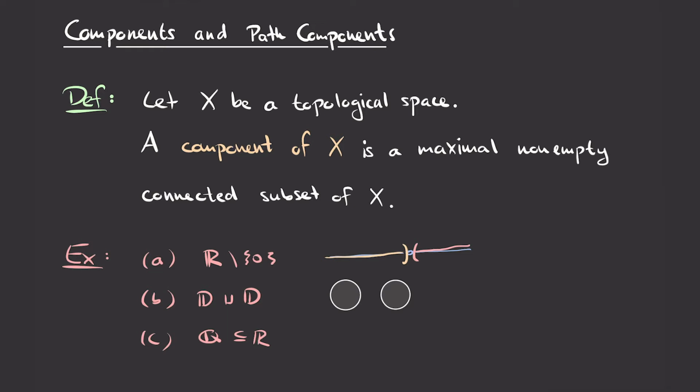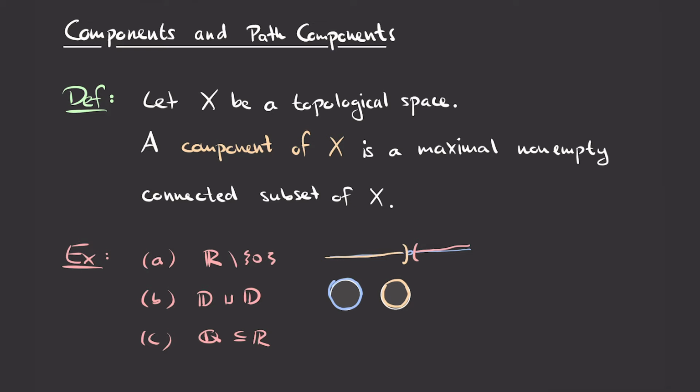Again, this space is not connected because both of these disks are individually open in the subspace topology, so they disconnect the space. And in fact, these 2 disks are also the 2 components of this space. So the one I'm surrounding in blue, that's one component, and the one I'm surrounding in orange, that's another component of this space. So again, this space has 2 components, each of which is a disk.